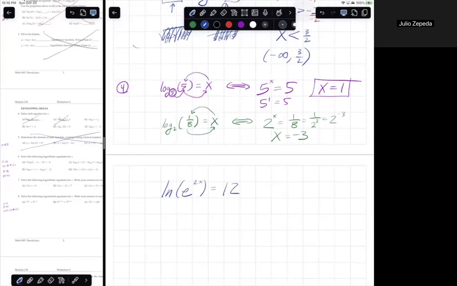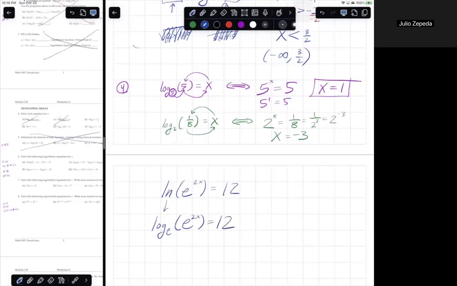So how do we do this? We said earlier that the natural log is really just the log with a base of e, and the argument is e to the 2x, equals 12.